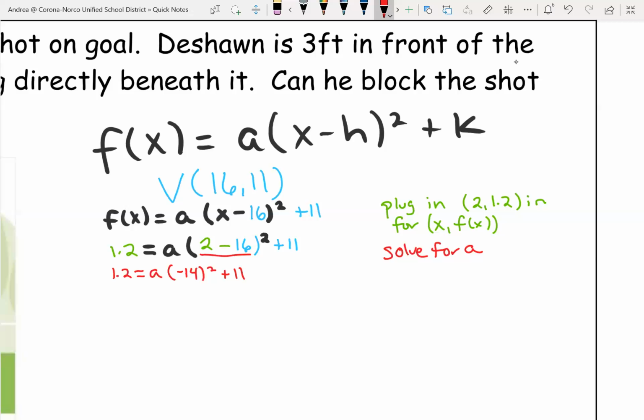Then I'm going to square the 14. What's 14 squared? 196, I think.